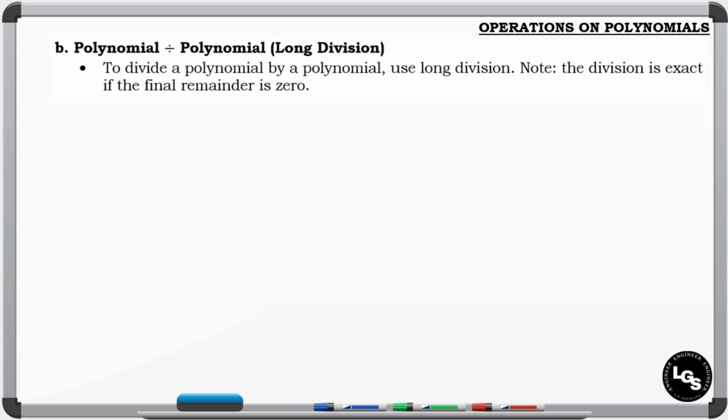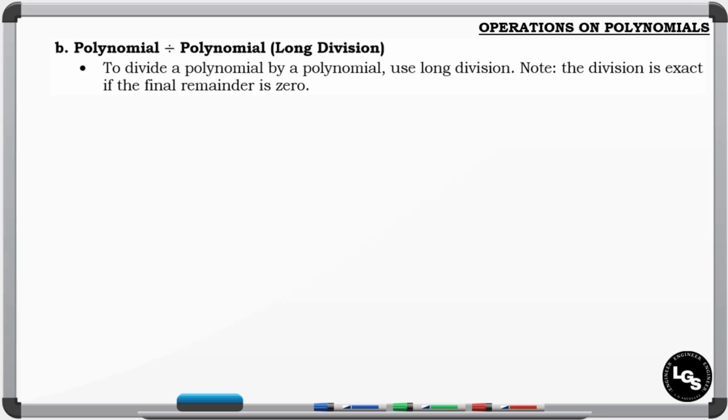So this is how we divide a polynomial by a monomial. Next, we have the polynomial divided by a polynomial, which we are going to use the long division method. If we have a divisor that is not a monomial, the method that we are going to use is the long division. We cannot do the previous method because we have a binomial or a trinomial as the divisor.